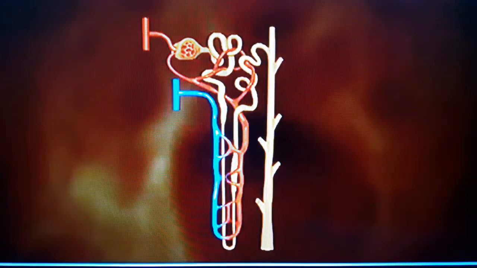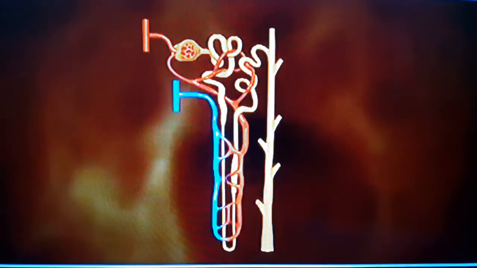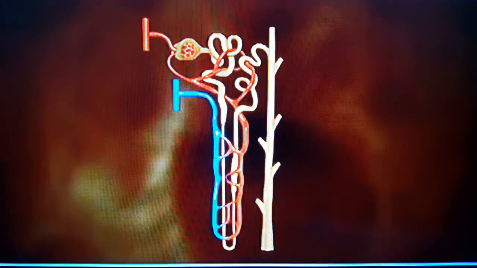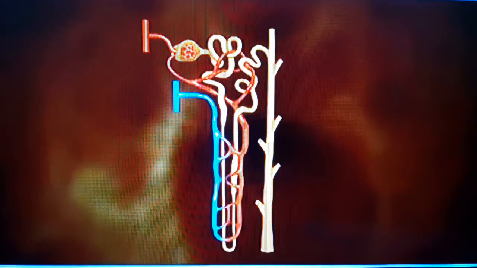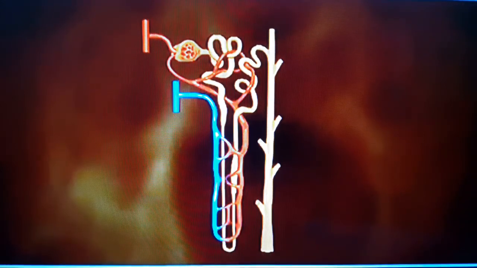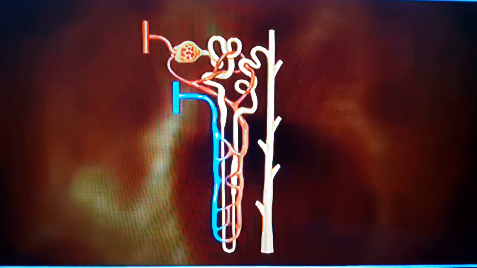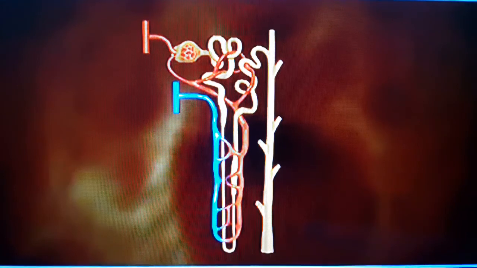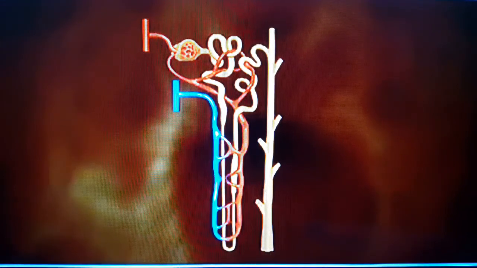Second point: the loops of Henle are placed deep in the medulla. Third point: glomeruli are placed close to the inner margin of the cortex. Fourth point: they are fewer in number, making up about 15% of the nephrons in the kidney.